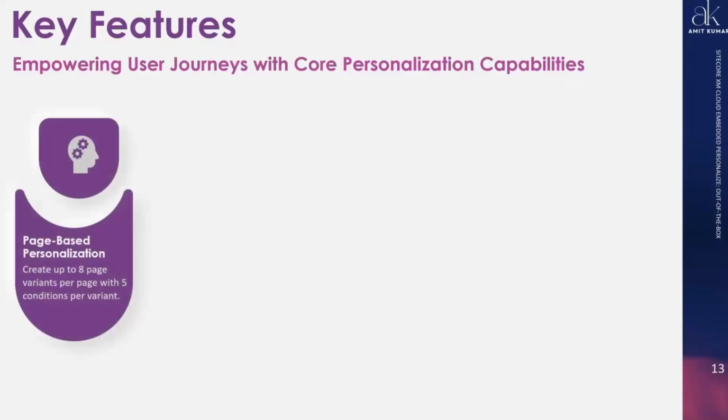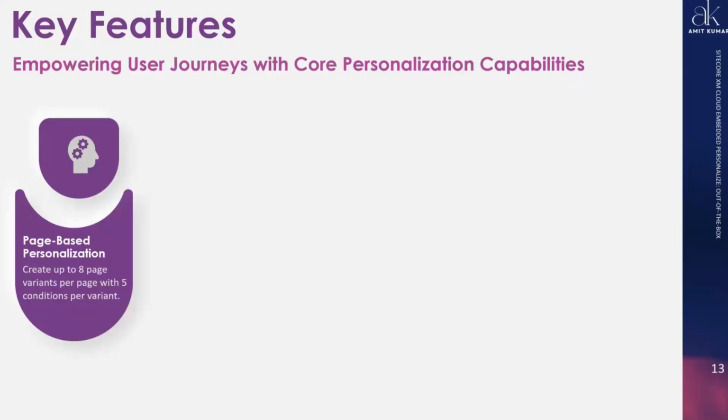So the key feature is page-based personalization. It means that suppose you have implemented one condition, like, I am giving an example, if the user is coming from this region, right? The major problem compared to the XP is that in XP, in one page you can have 10 components, and in those 10 components you can apply 10 different types of conditions.